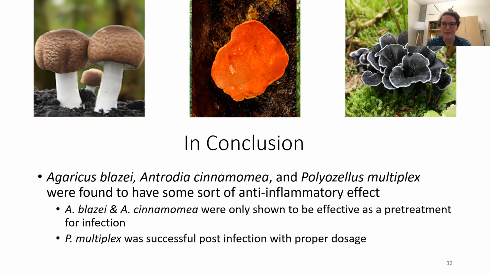Or maybe these would be good for an autoimmune disease, where you get unwanted inflammation. Oh yeah. Either way, this was all very cool, and I had no idea that people were looking into mushroom components to treat sepsis. I think that's awesome.